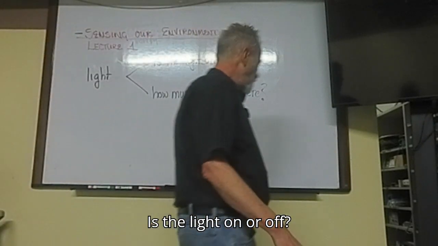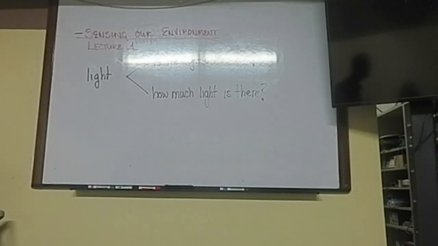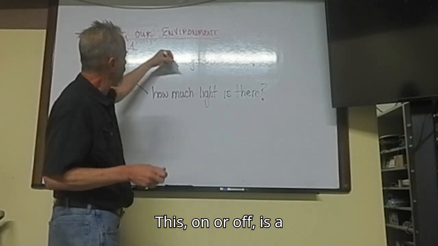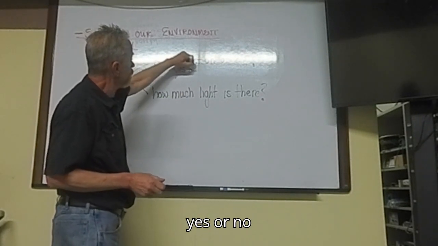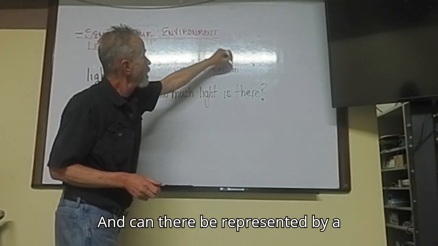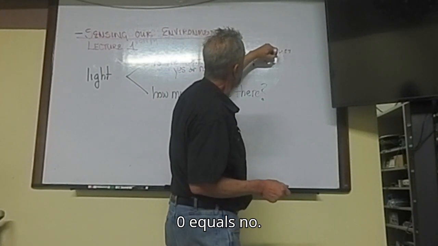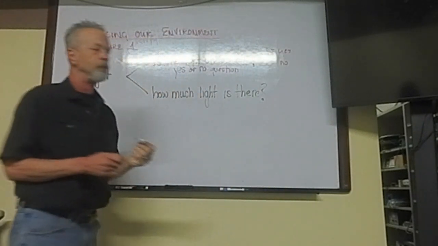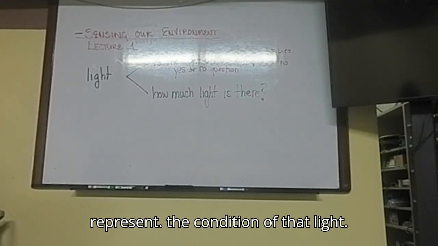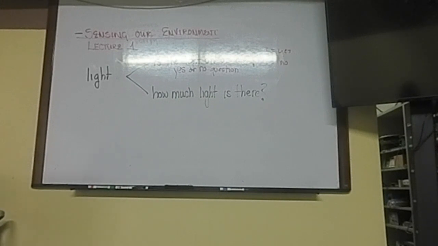Is the light on or off? And how much light is there? This, on or off, is a yes or no, true or false question. And that can be represented by a 1 equals yes and a 0 equals no. So just a single bit can be used to represent the condition of that light. A 1 means yes, true. A 0 means false, no.